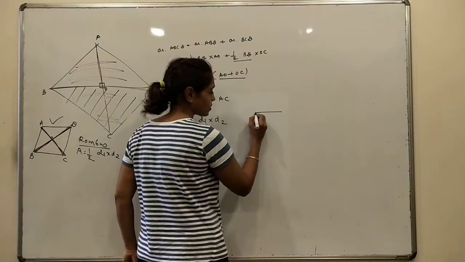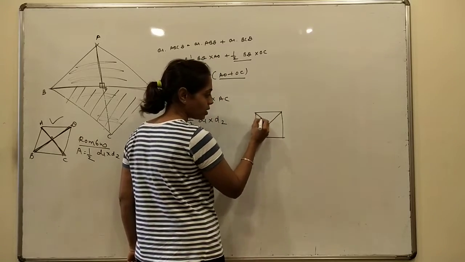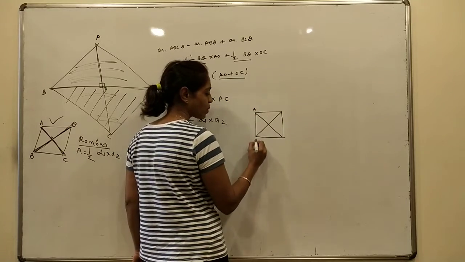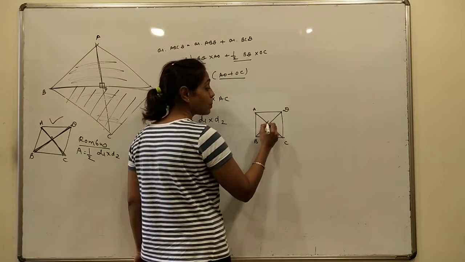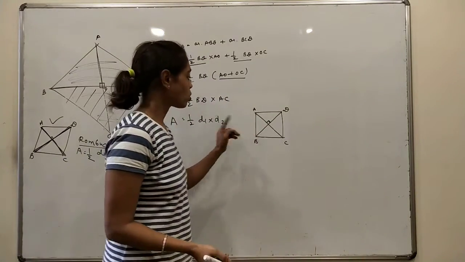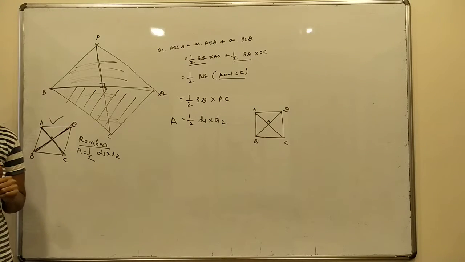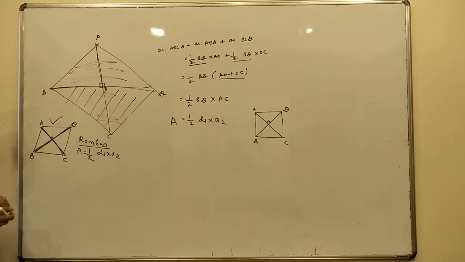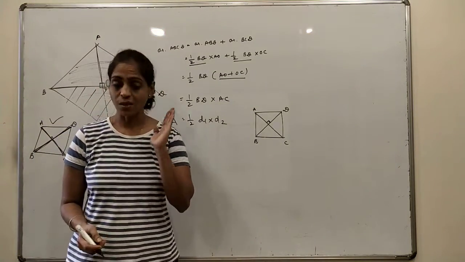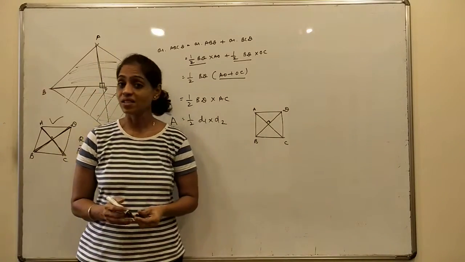Now in a square, diagonals are equal. This and this length is equal. A, B, C and D, but they bisect each other at 90 degrees. Suppose this is 8, then this is also 8, but in the rhombus if this is 8, one diagonal is bigger, that is 10. Diagonals are not same, right? But in a square diagonals are same, and as well as they bisect each other at 90 degrees.